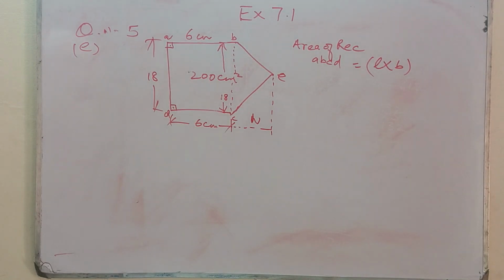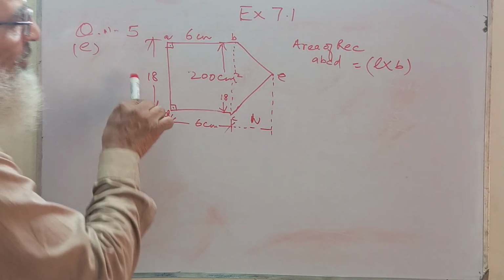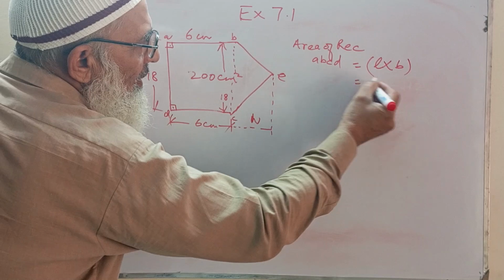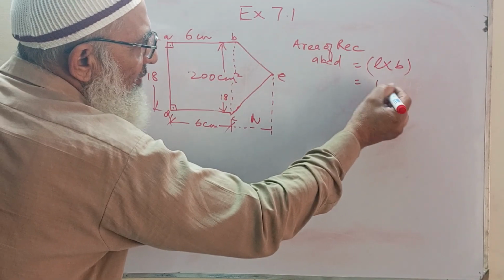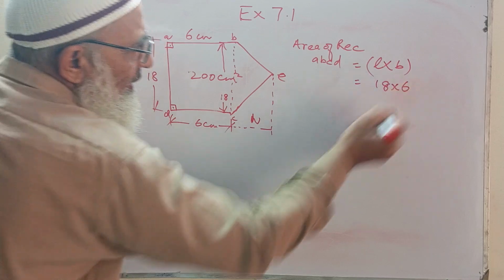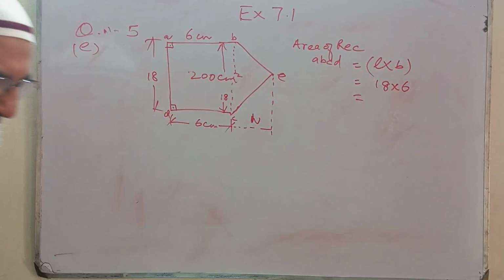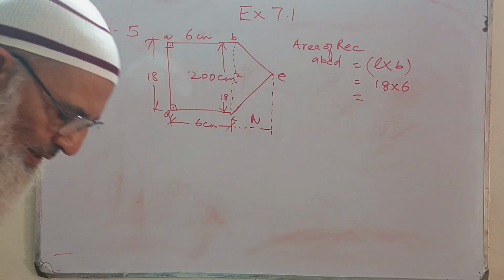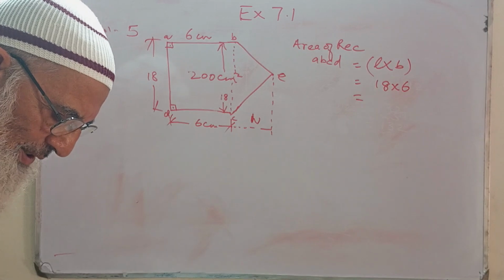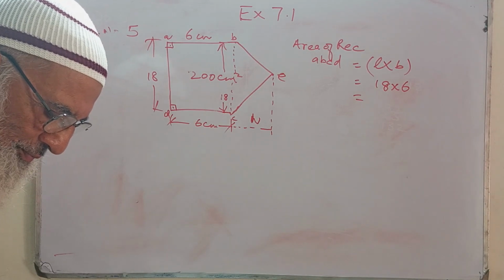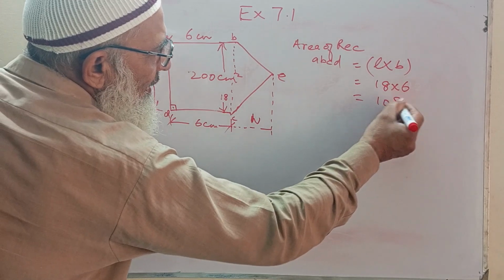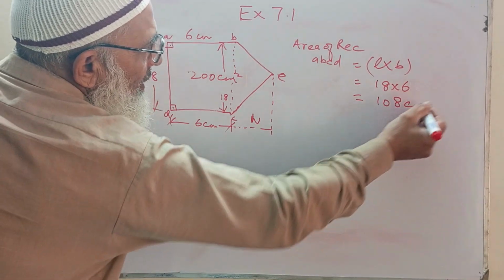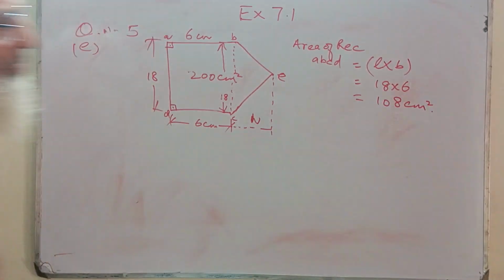Area of rectangle is length into breadth, so write L first: 18 multiplied by 6. 18 multiplied by 6 is 108. Now this is 108 centimeter square.